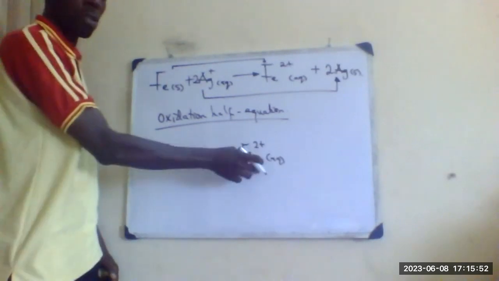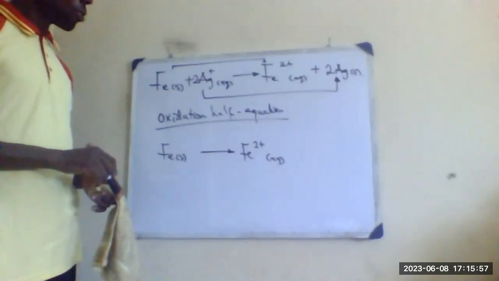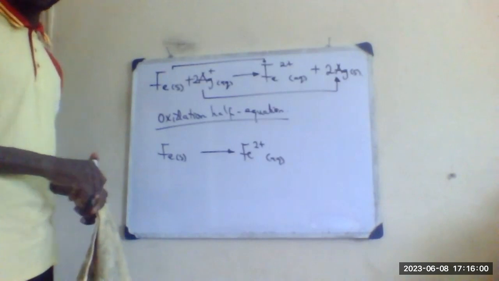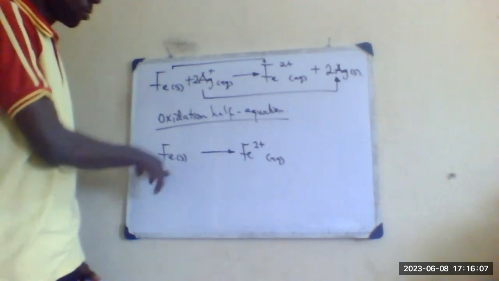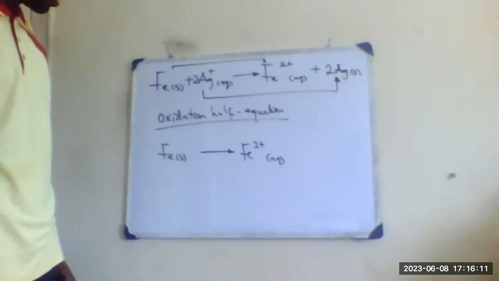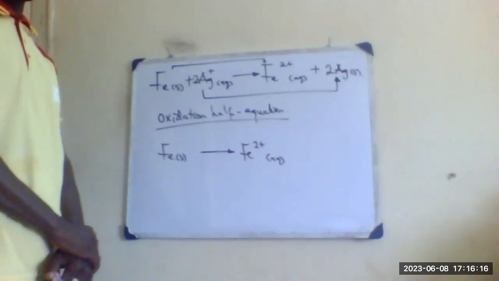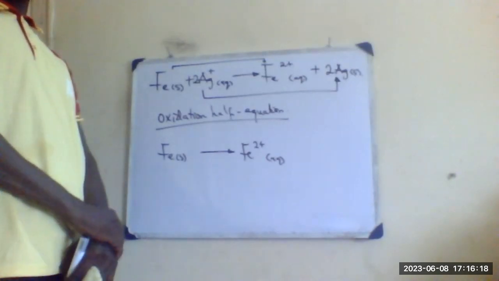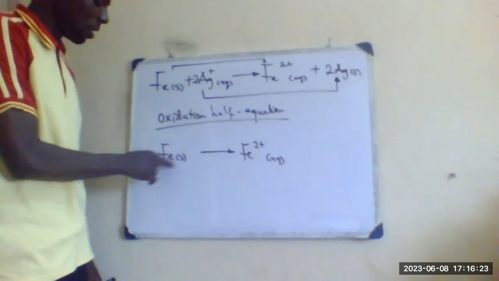So what do we do now to balance this oxidation half equation? This is 0, this is +2. We add electrons to the side with higher charge. Fe solid, Fe2+ aqueous.